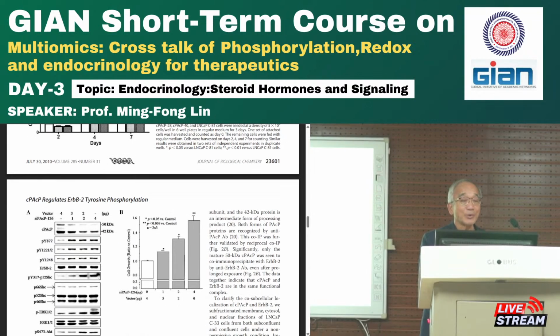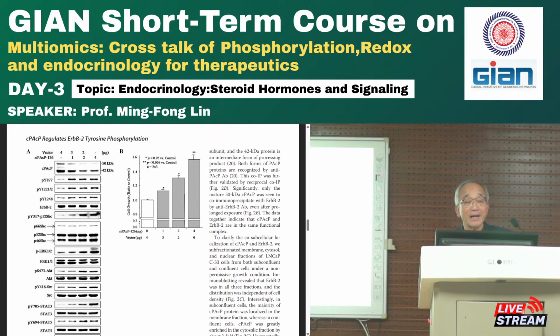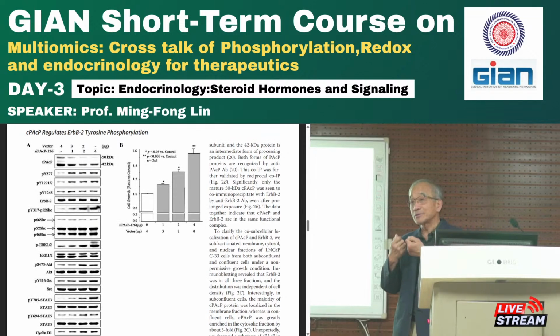Again, we use siRNA to knock down, and with dosage, PAP decreases and the ERB2 phosphorylation goes up. Then cell growth also goes down. So the PAP-ERB2 interaction indeed regulates cell proliferation.